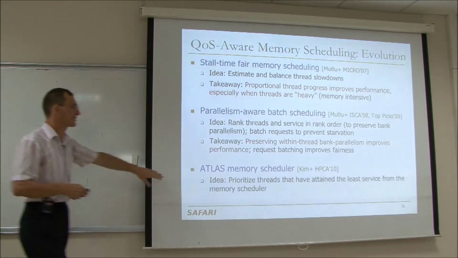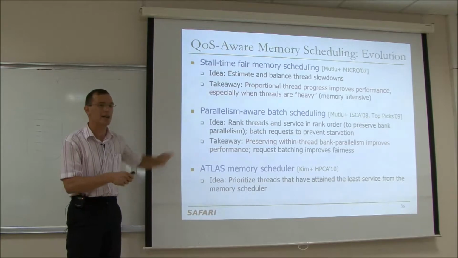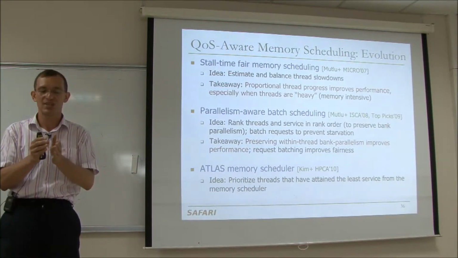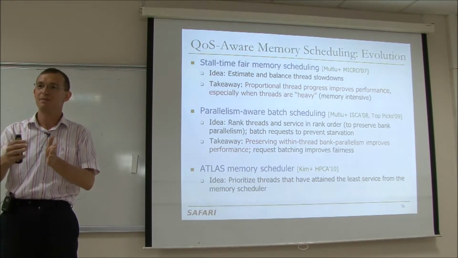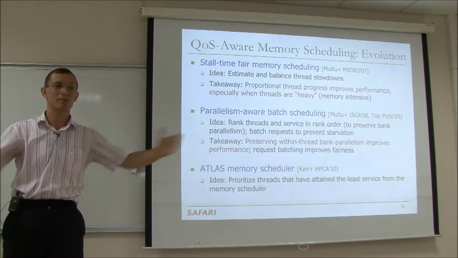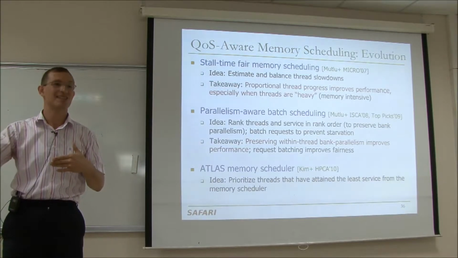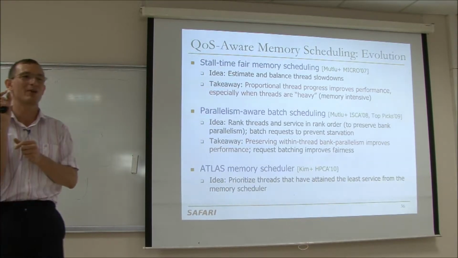Basically, I'll get to this in more detail, but the idea here is that these are not prioritizing those threads that are not very intensive. If a thread is generating requests only once in a while, it means that if you service that request, it'll go back to its computation phase, and it'll run fast, right? Whereas if you don't service that request, it'll wait for a long time just for one request.